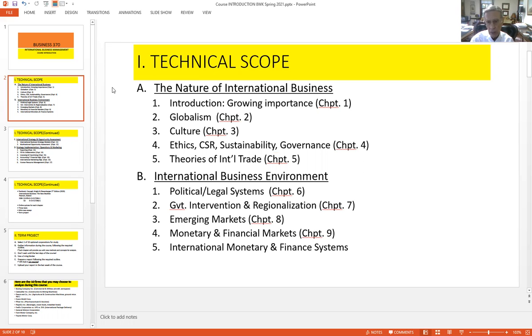There are probably 3 categories there: the undeveloped, the emerging, and the developed or mature economies and their markets. Then monetary and financial conditions and the markets for finance, and international monetary and financial systems, how we raise capital, how we invoice customers and get paid.